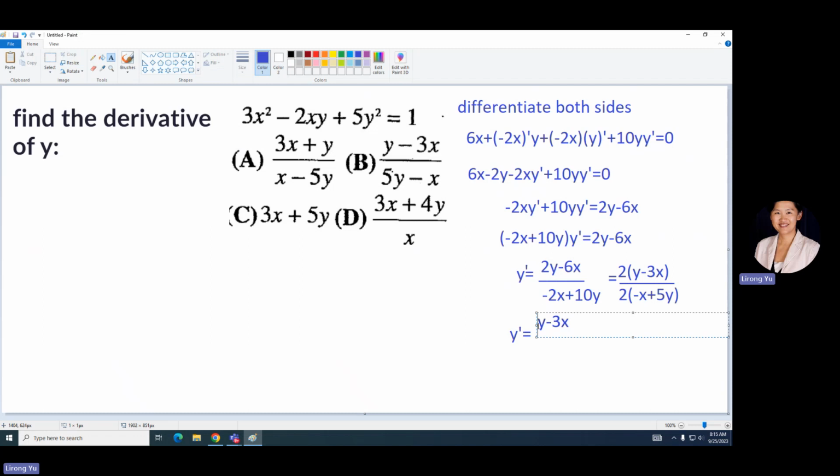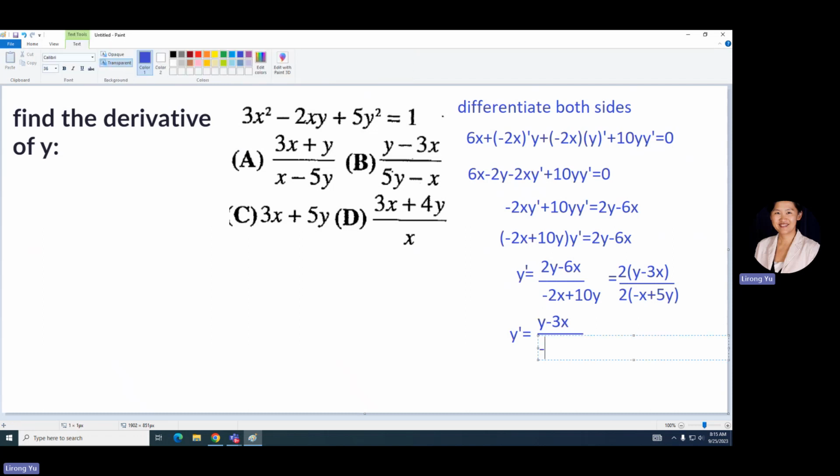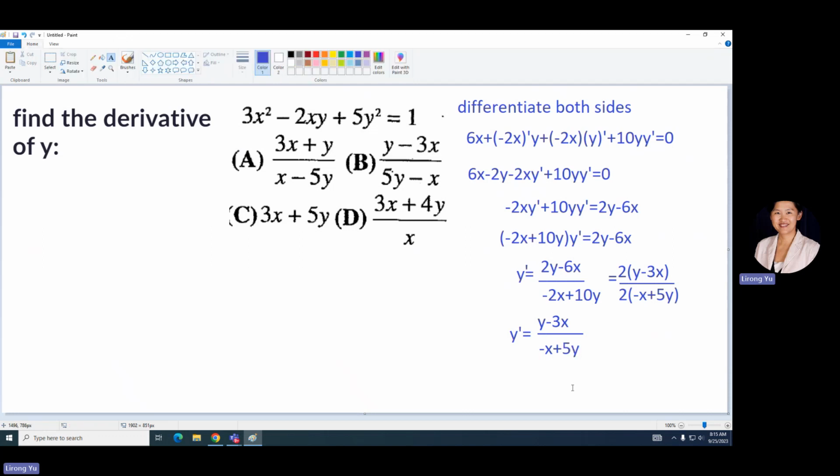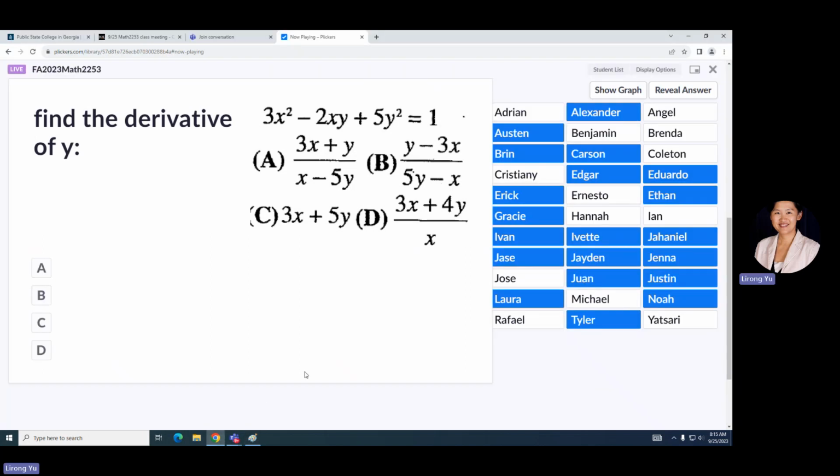The denominator would be negative x plus 5y. If you want to, you can write it as 5y minus x because it's the same thing. See? Let me switch back to page 2.